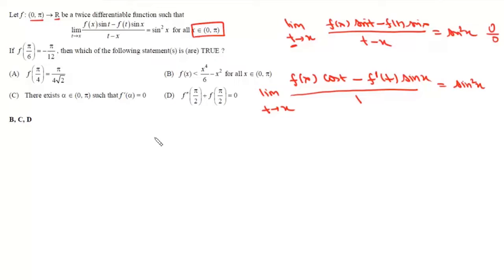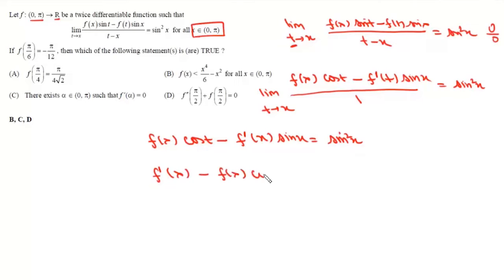Now we can write this as f(x) cos x minus f'(x) sin x, and it will be equal to sin square x. Now we can write this as f'(x) minus f(x) cot x, and it will be equal to minus sin x, which is a linear differential equation in y.